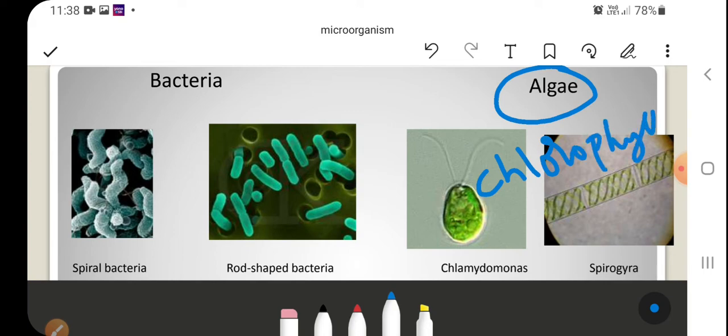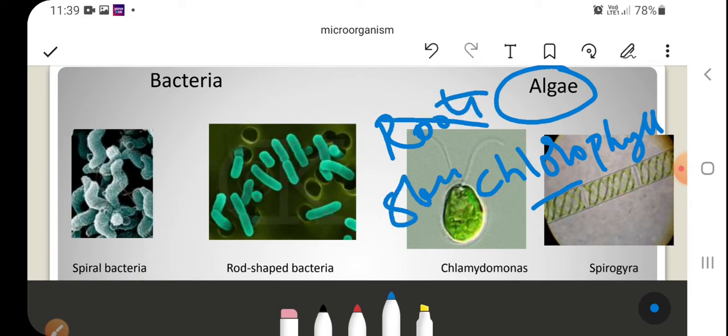So these are called simple plant-like organisms. As they have chlorophyll, they prepare their own food, same like plants. But unfortunately, they don't have any roots, any stem, or any leaves. So algae is not considered a plant.